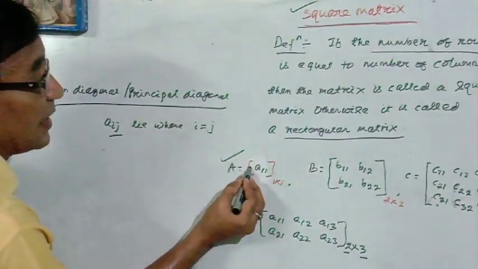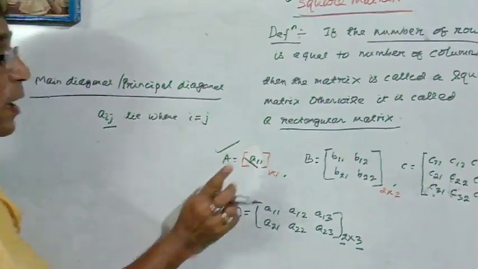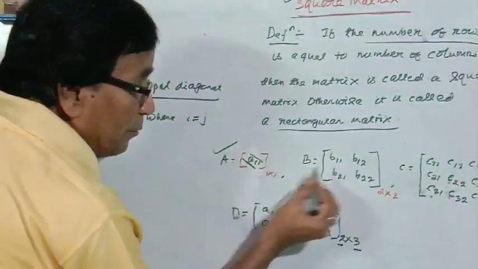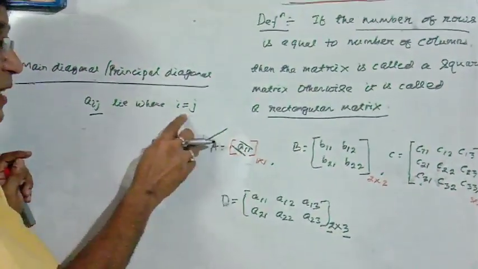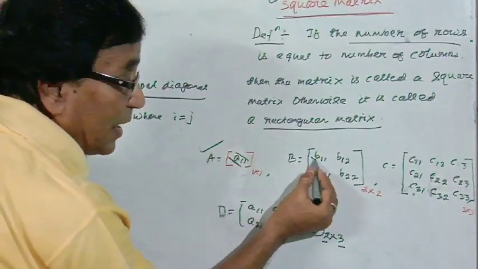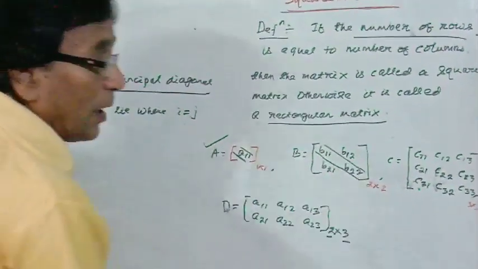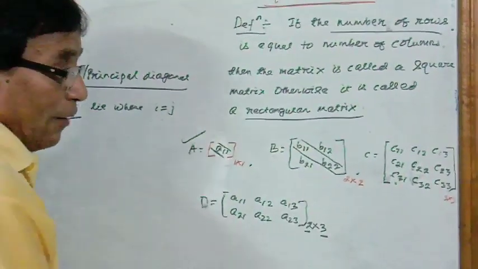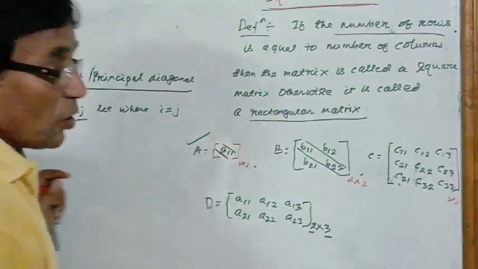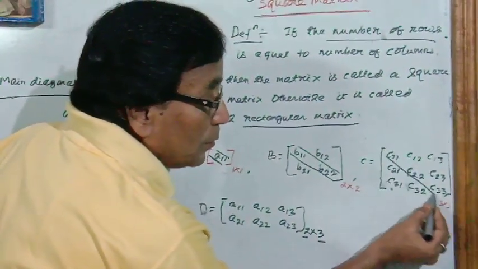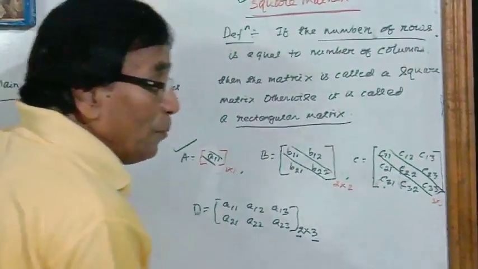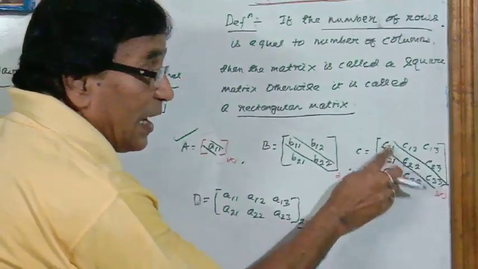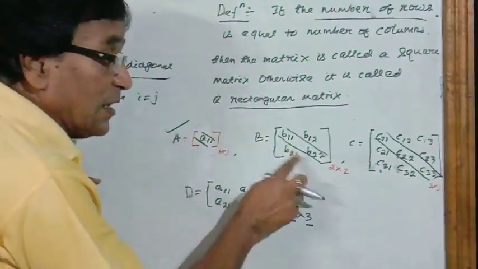So here you see that this line A11 is called the principal diagonal. Similarly, this is the principal diagonal, because along this line B11 and B22 lie where i is equal to j. Similarly here, this is the principal diagonal, because along this line the elements Cij where i is equal to j lie.